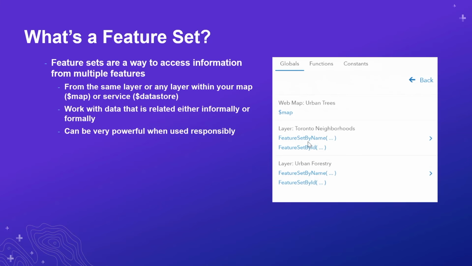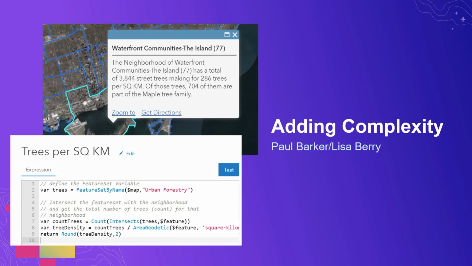So don't be reckless with them, and really pay attention to how that's impacting your performance with your map. I'll talk a little bit about performance in the next few slides. And with that, I'm going to hop right into some examples.